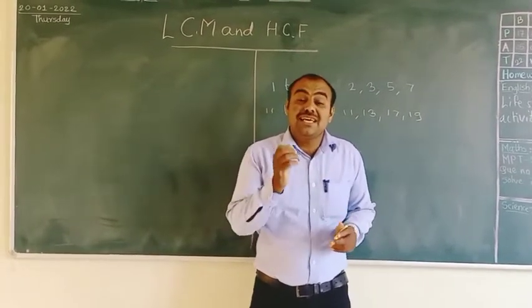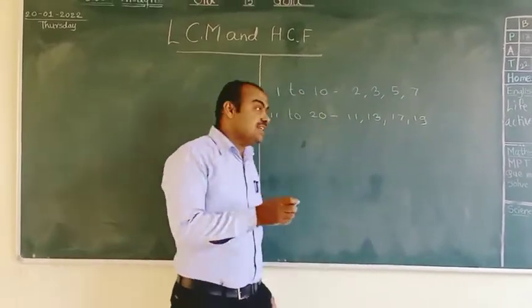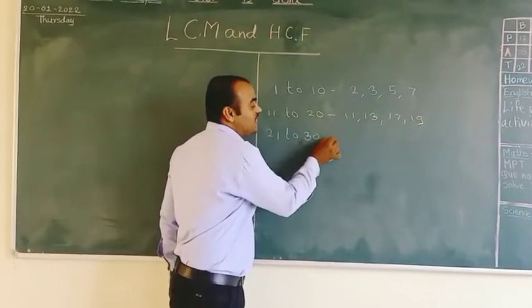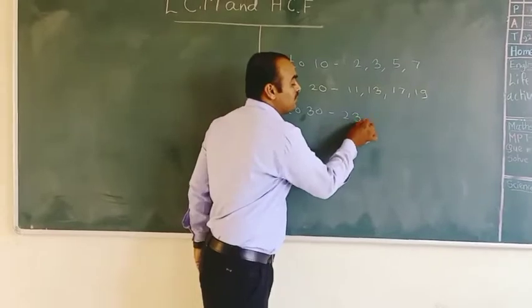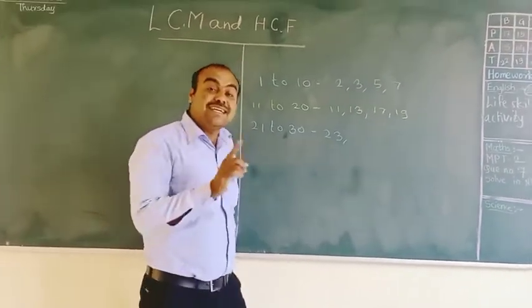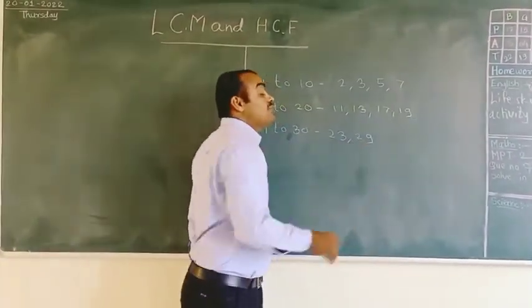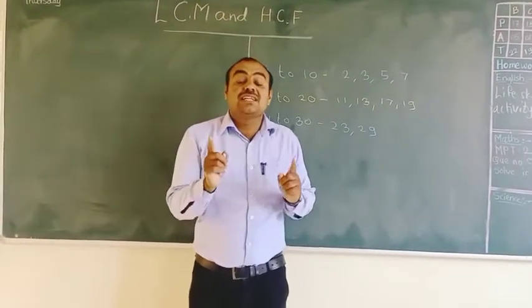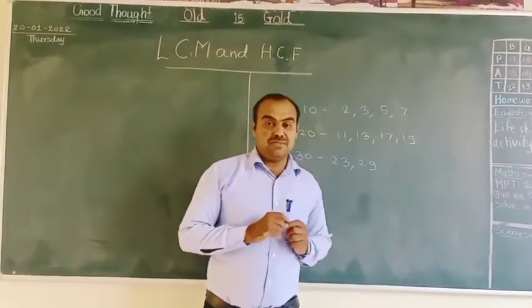Then 21 to 30, what are those? 23 and 29. The other numbers have some factors, so they are not prime numbers.